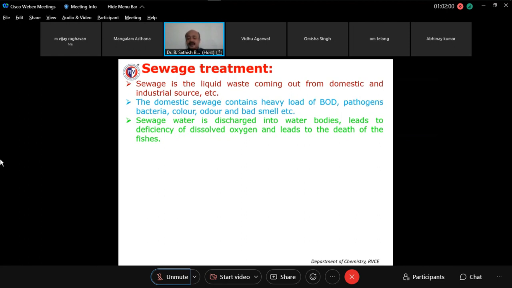If the pollution level increases, the dissolved oxygen level decreases. This you studied already. If the dissolved oxygen level decreases, that leads to the death of aquatic creatures like fishes and other aquatic organisms.